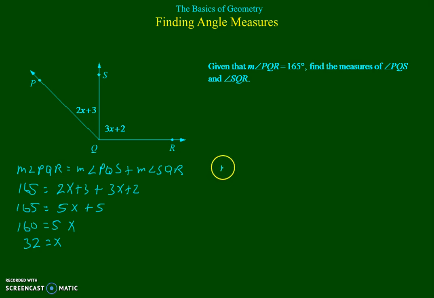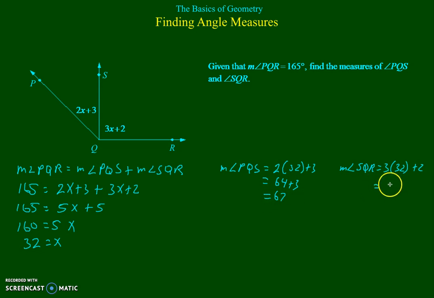Now to find the measure of angle PQS, we have 2 times x, which is 32, so we put that in there, plus 3, and the measure of angle SQR is 3 times 32 plus 2. So this is 64 plus 3, which is 67.